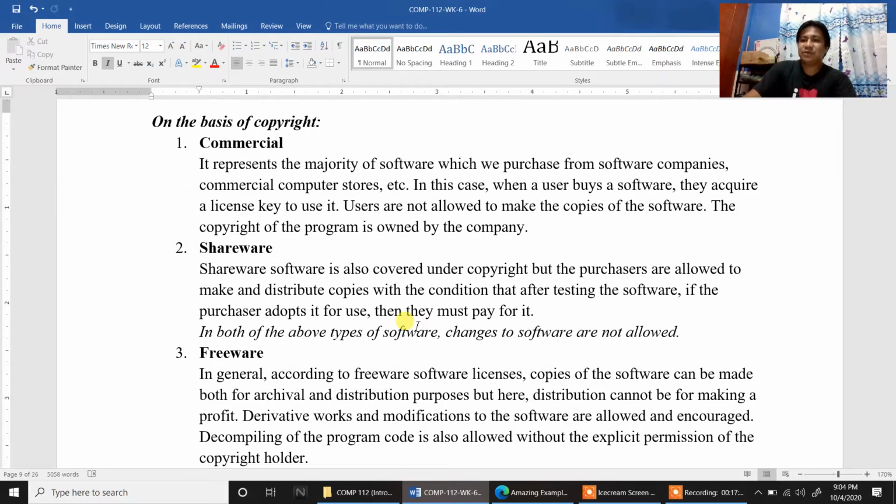There are some software that can be shared, but you cannot edit them. At the same time, if the trial ends and you like it, you need to pay for it. If you like the software, then you need to pay the developer.